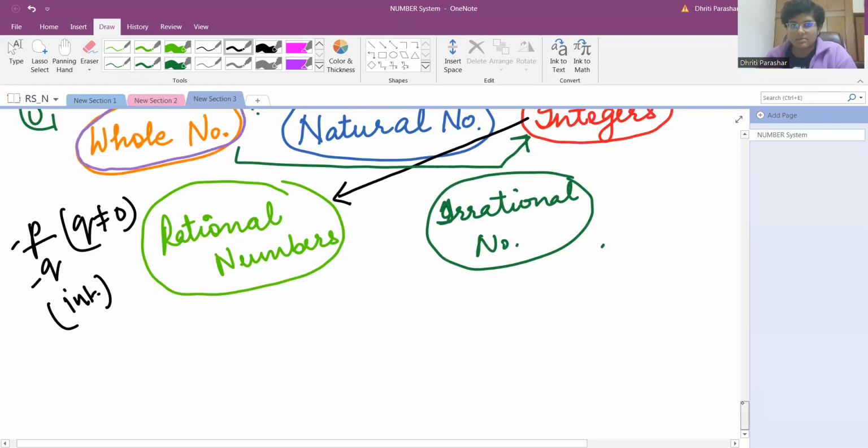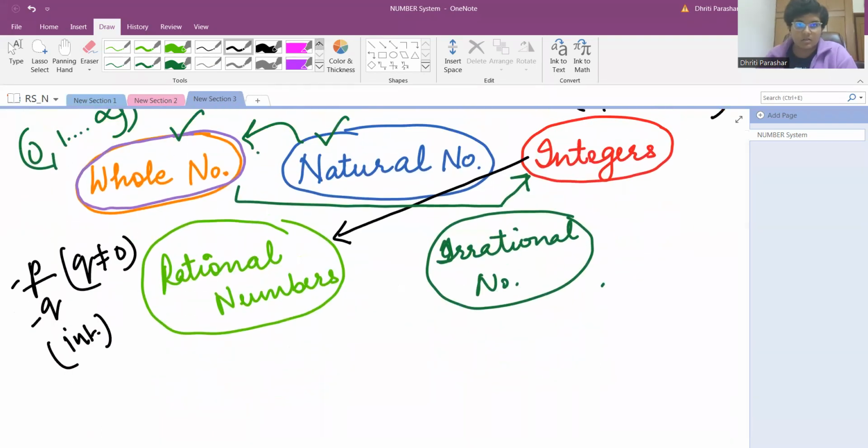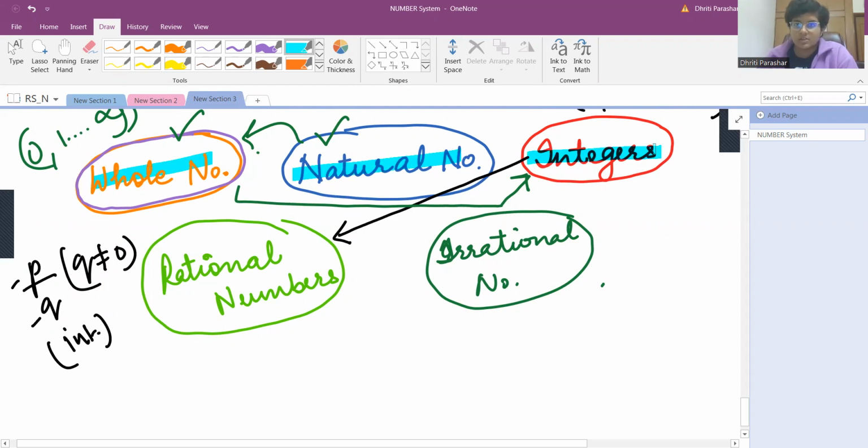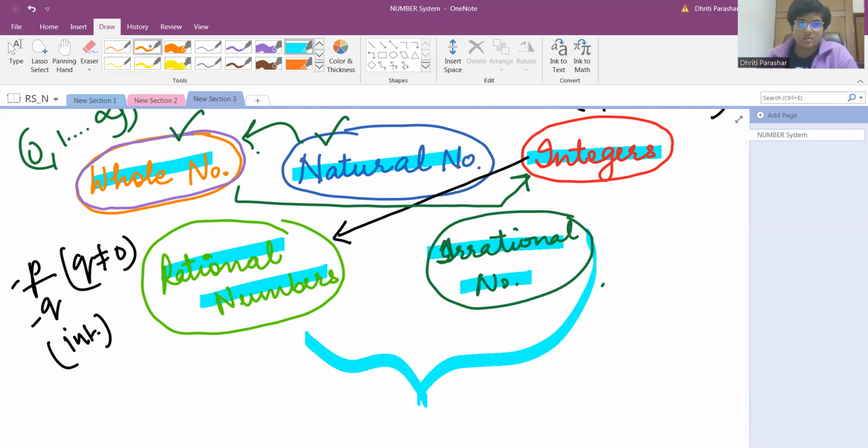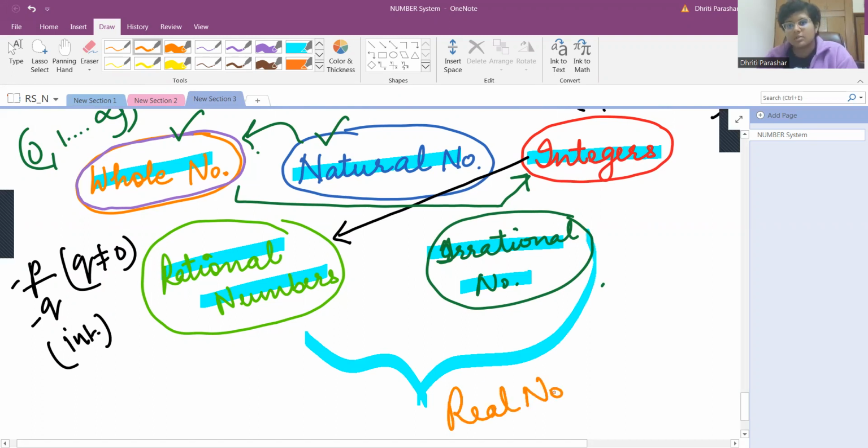And all these types of numbers here, whole numbers, natural numbers, integers, rational numbers, irrational numbers, all these types together form real numbers.